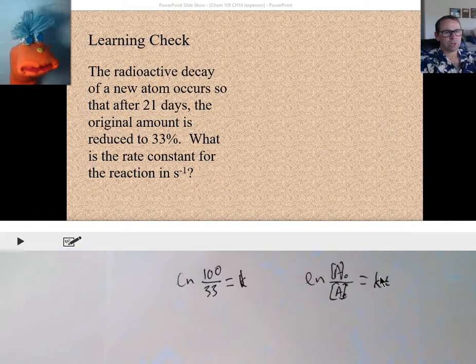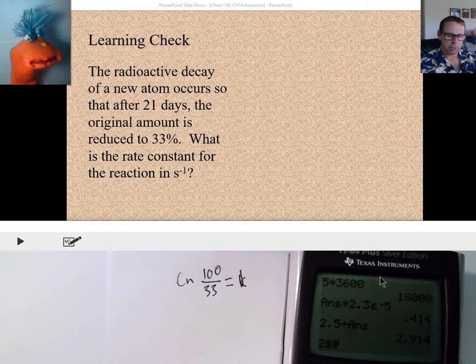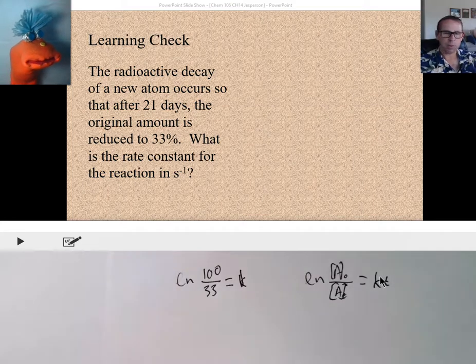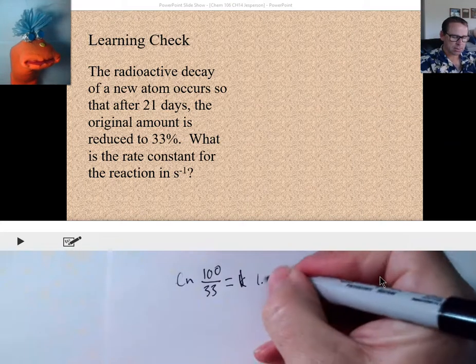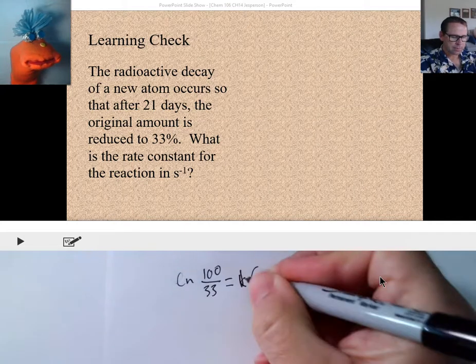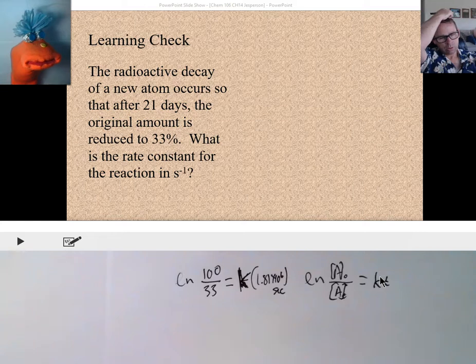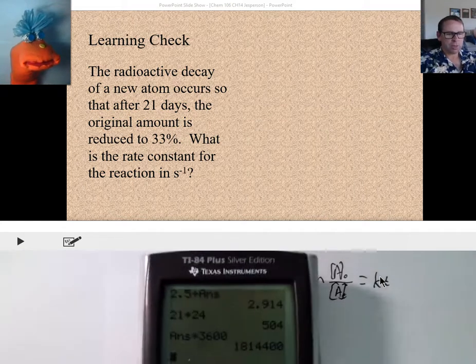Now, t needs to be in seconds, though, so 21 times what? Well, 21 times 24 for hours, and then times 3,600 gets us to seconds. So 1.81 times 10 to the 6th seconds. Okay, so natural log of 100 over 33.